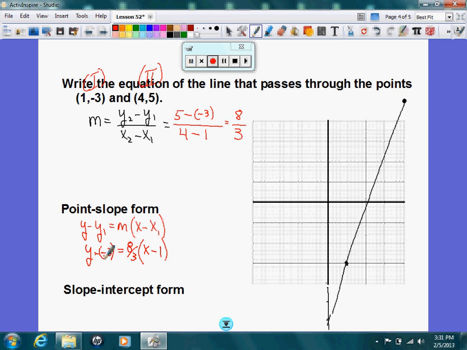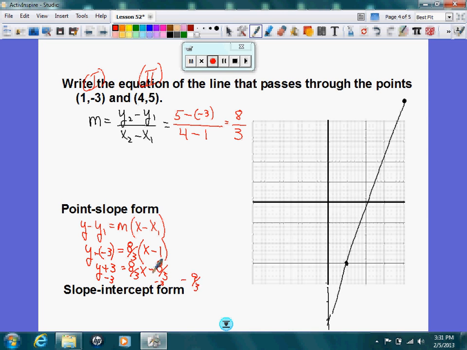Okay, so we multiply, and add like terms here. Minus and minus is plus, so we get y plus 3 is equal to 8 over 3 x minus 8 over 3. We could subtract 3 from both sides. Well, we can't subtract these directly, so we'd have to convert our 3 to 9/3, so it's minus 9 over 3.